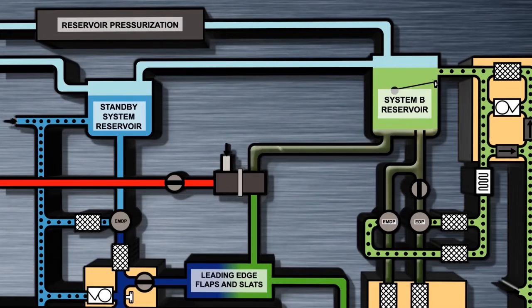The System B quantity indication is calibrated so that it reads 0% when the fluid has reached the top of the standpipe. Once the fluid is drained below the top of the standpipe, it can only be used by the power transfer unit. So in summary, System A will drain empty if a leak develops in the electric motor-driven pump, and System B will drain empty if a leak develops in either pump.